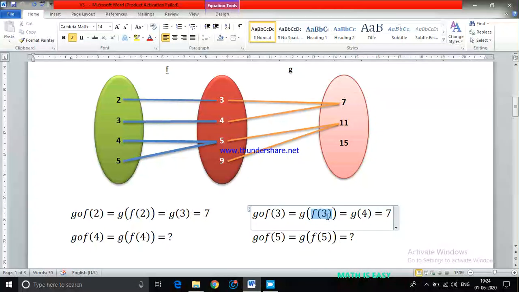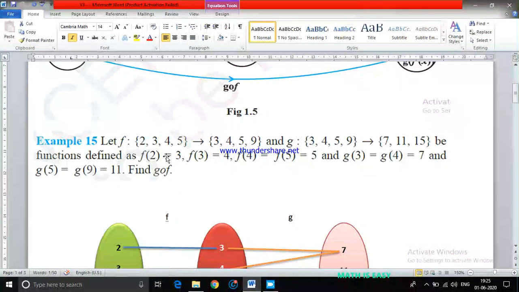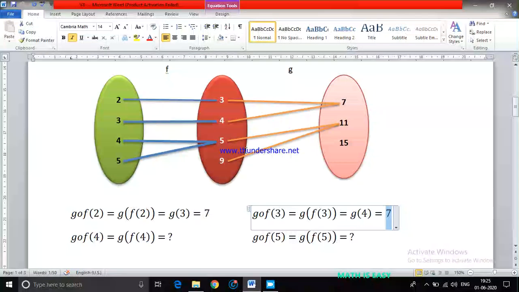I know f of 3 is mapping to 4, so f of 3 value is 4. So it will be g of 4. g of 4 means this 4 is mapping to 7, so g of 4 is 7. You can take the help of the numbers given here, or you can take the help of the diagram. Both ways you can do.